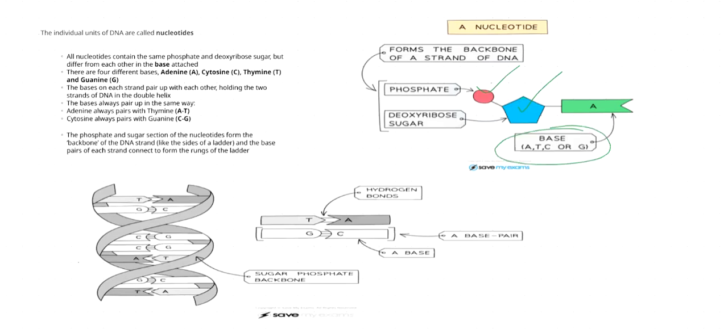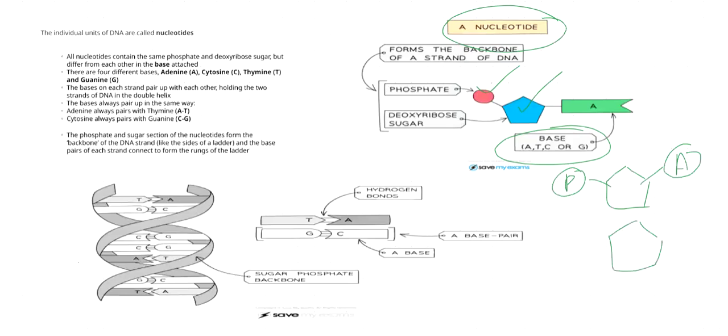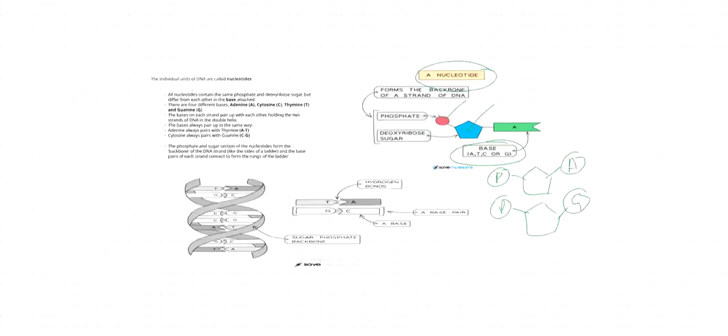So here you see one nucleotide, which has three molecules, and these nucleotides are linked together. I drew here one nucleotide with adenine, another nucleotide with guanine, another nucleotide with cytosine.